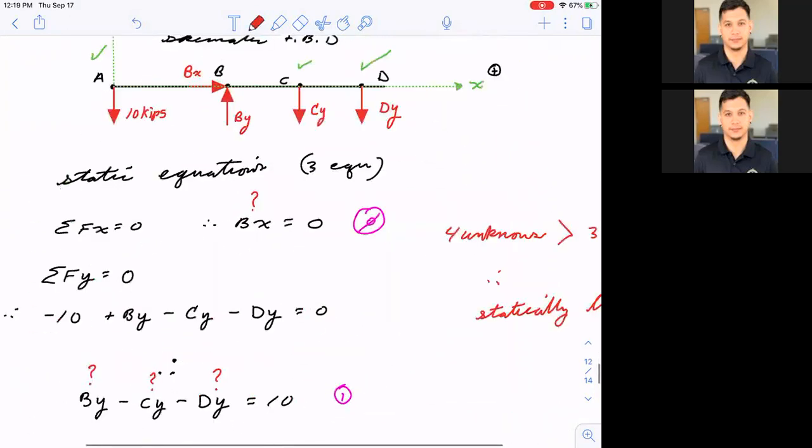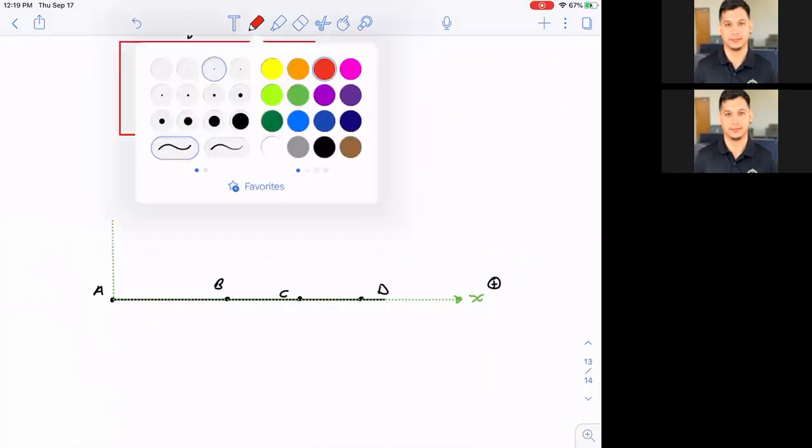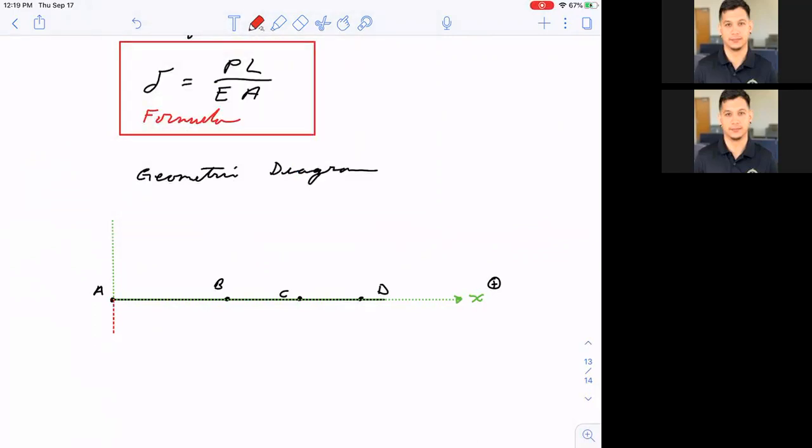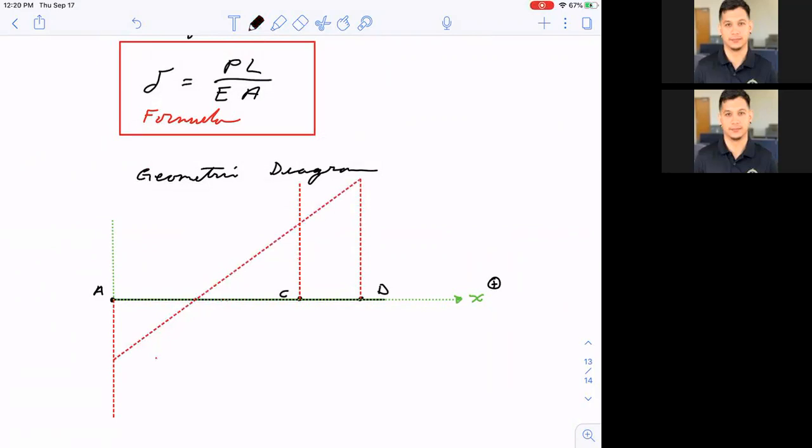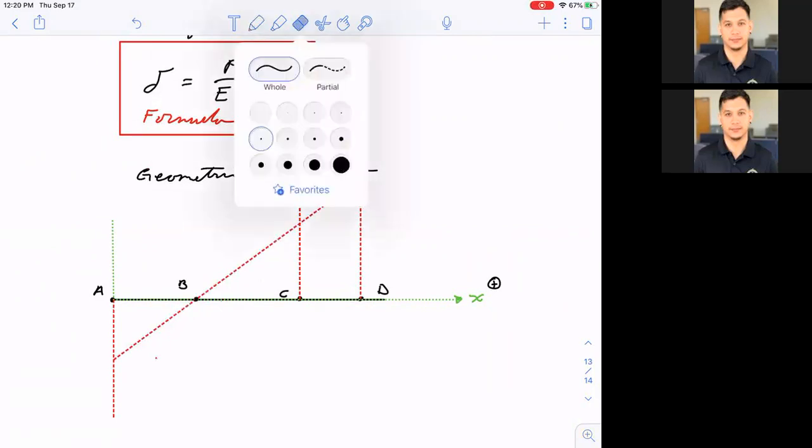I'm going to do an exaggeration line, but we know that B is actually shorter than A. So let's move B right here so we can get a feeling of what's going on.